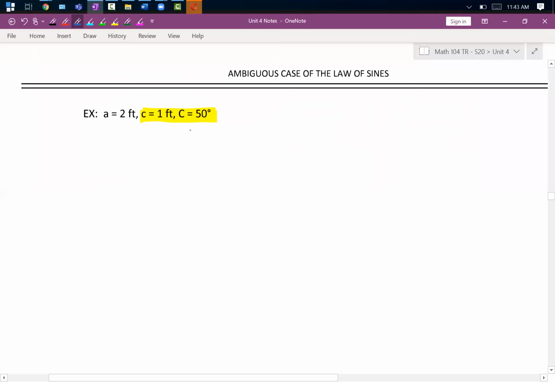All right, setting up here, this is going to be 1 over sine of 50 degrees. So we're using our known pair equals our side A, which is 2 over sine of A. To solve for A, we'll cross multiply.